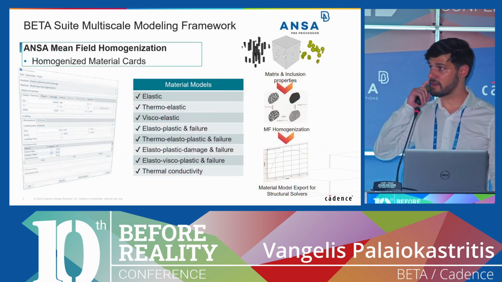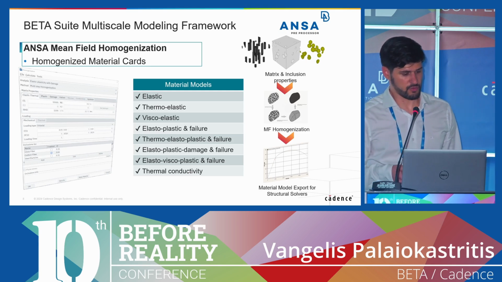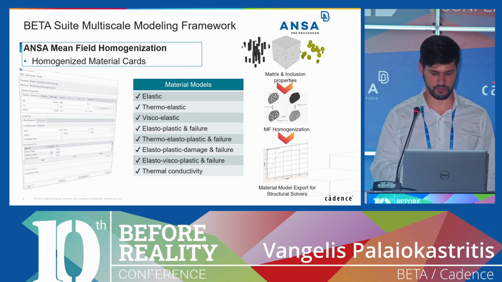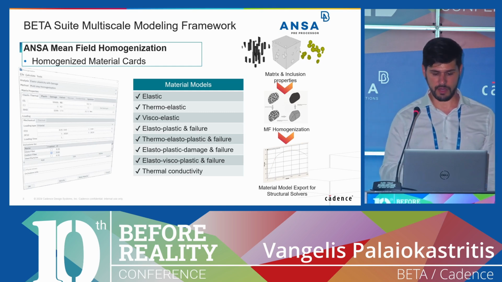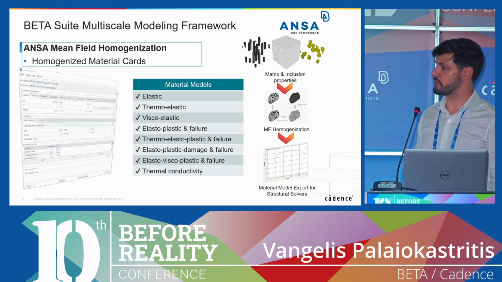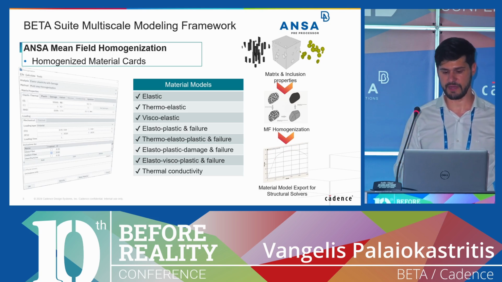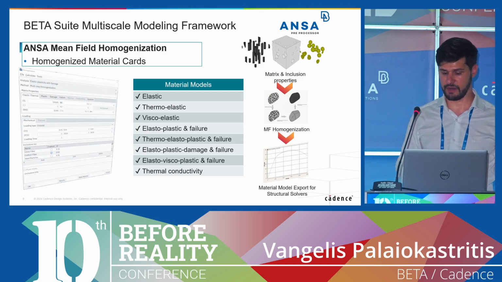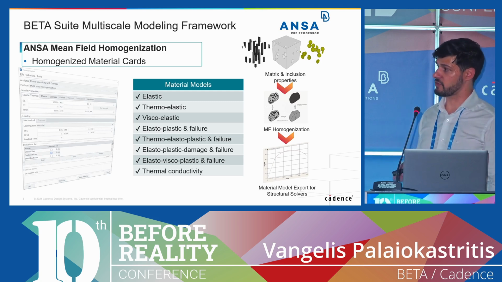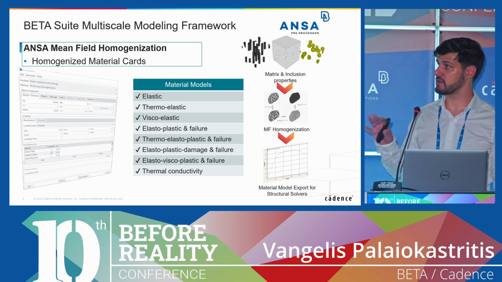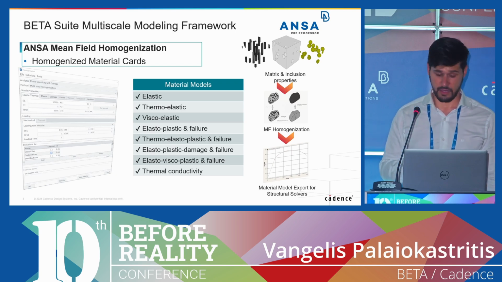So let's have a closer look at these tools, starting from the mean field homogenization tool. This tool inside ANSA estimates effective composite properties using semi-analytical micromechanics. These calculations are done based on the constituent properties, volume fractions, and the shape and orientation of the fibers inside the matrix.